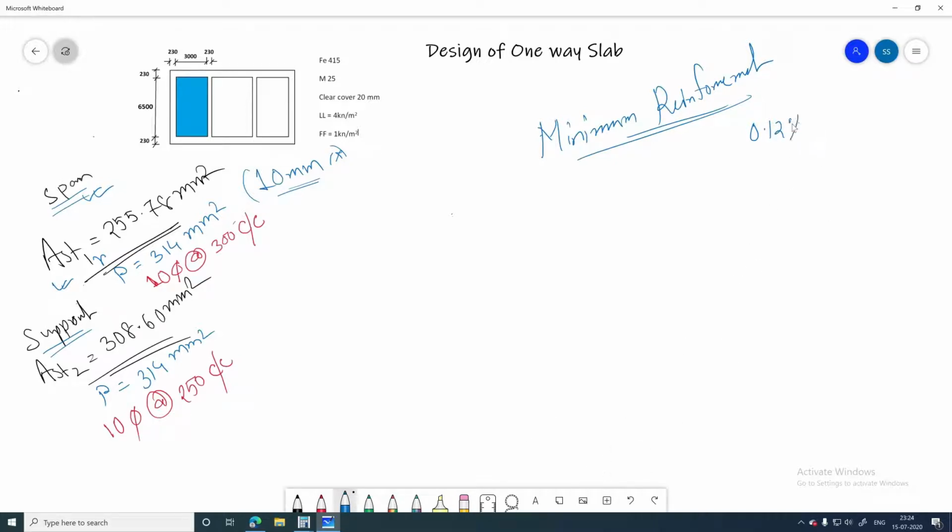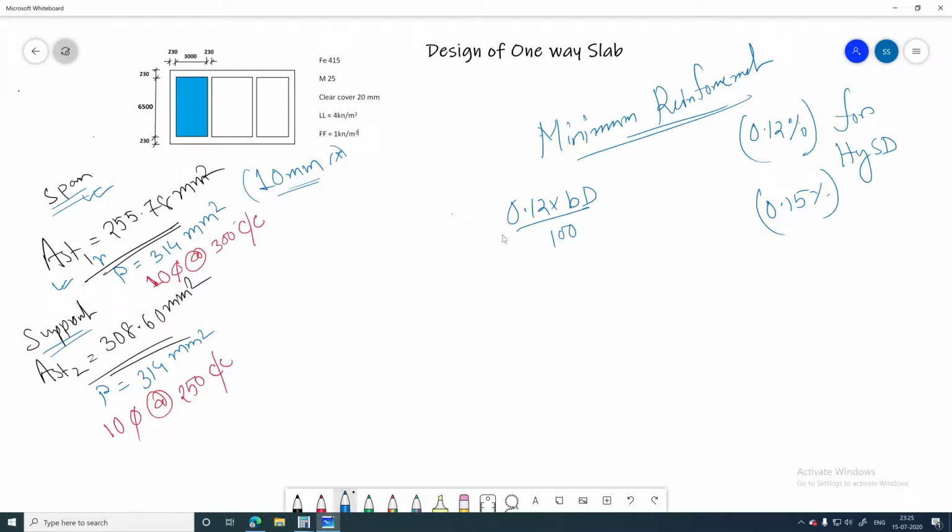That is 0.12% for HYSD bar and 0.15% for mild steel. Okay, so in our case it is HYSD, so that is why we will determine 0.12% of the sectional area. So 0.12 into BD by 100.